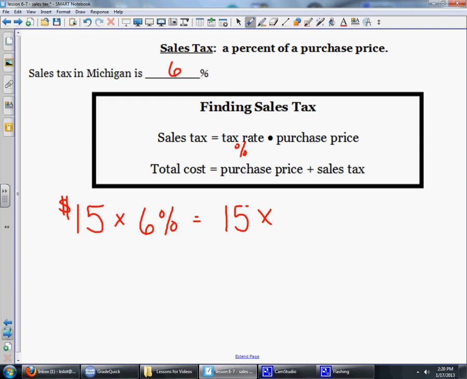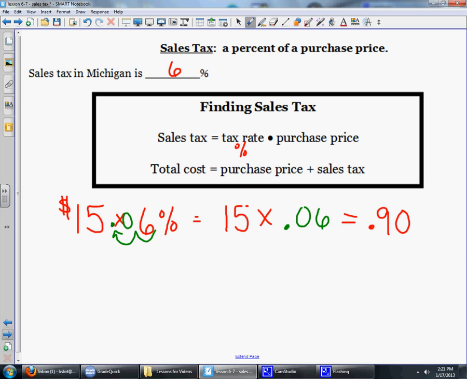So it'd be 15 times, and when we change a percent to a decimal, we move the decimal 2 places, which means it's 0.06. So 15 times 0.06, use your calculator for that, is 0.9, which is 90 cents.